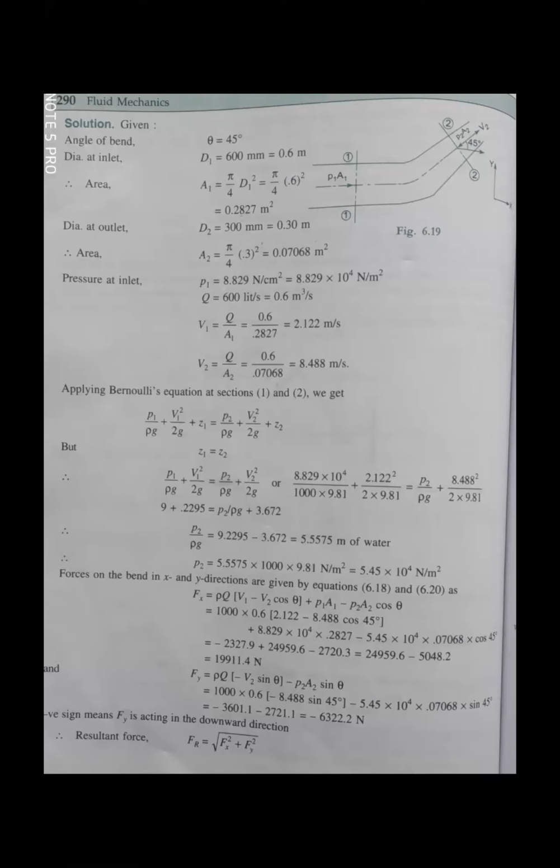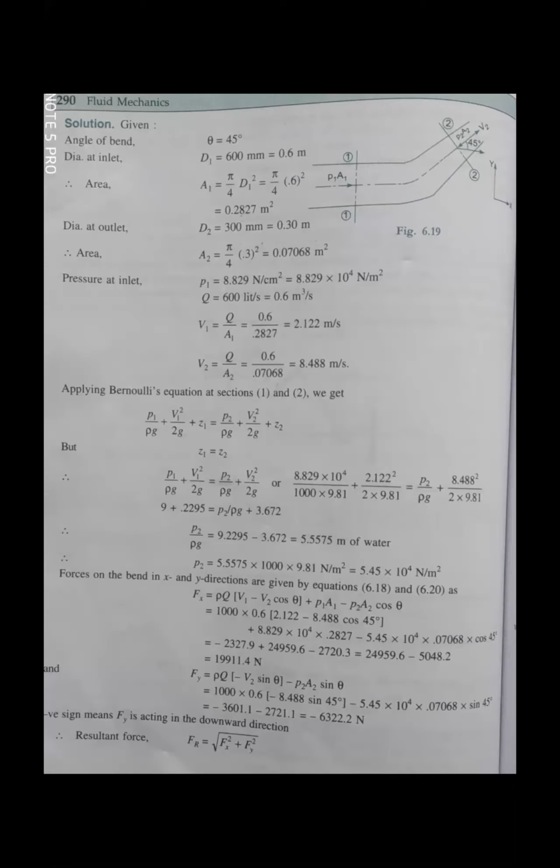So that is the relative velocity, V2 sine theta minus 0. In that way, we get a simplified equation written, rho Q into minus V2 sine theta minus P2 A2 sine theta.